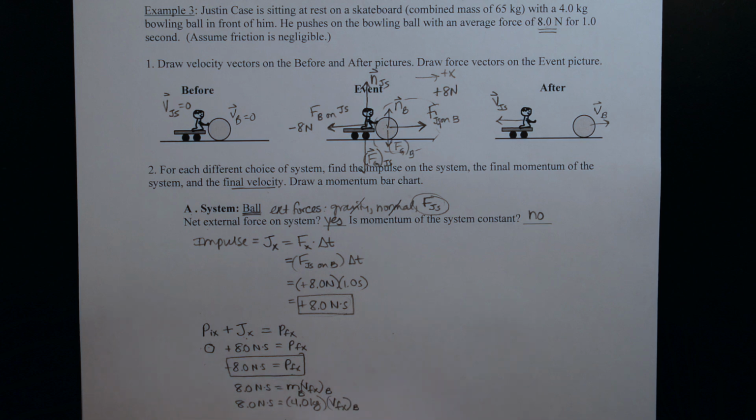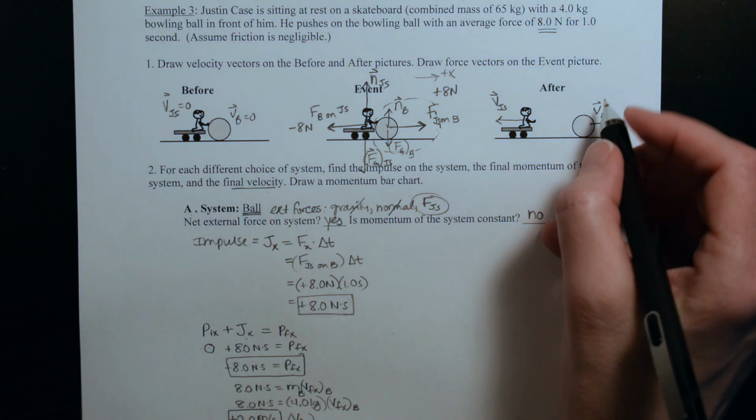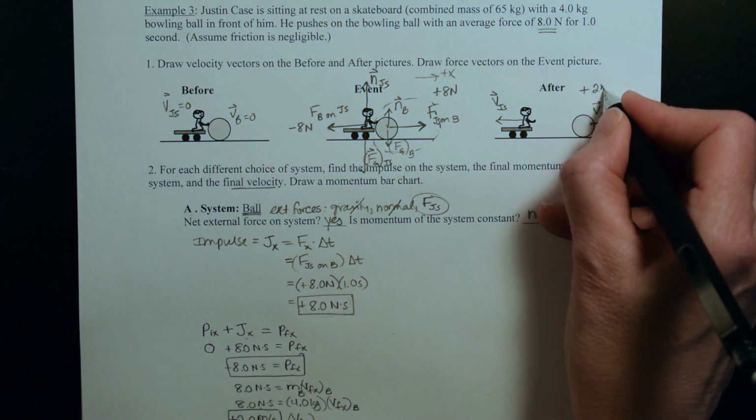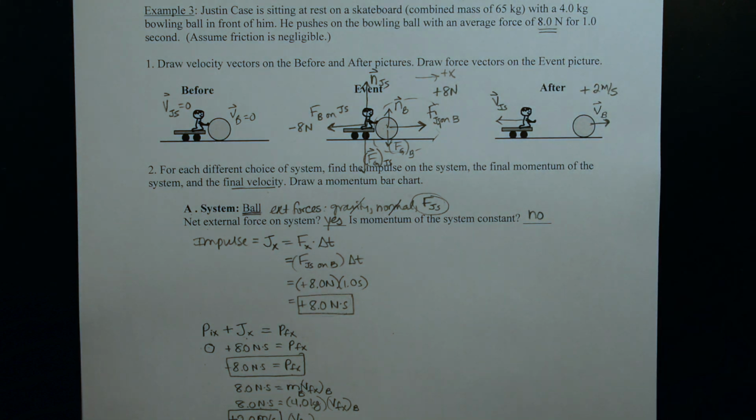And dividing both sides by 4, I get that the final velocity of the ball is 2. This is going to be meters per second. And you can work this out just to check the units, that a Newton second divided by a kilogram is a meter per second. And this is positive, which matches what we expected. So the velocity of the ball afterwards is positive 2 meters per second.